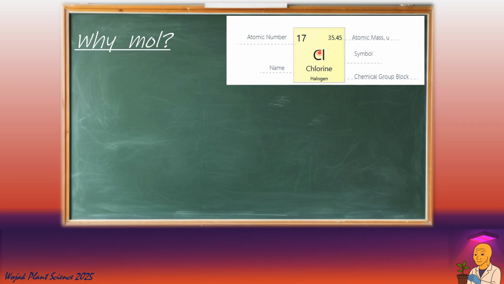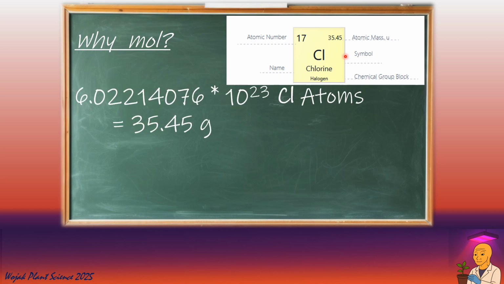We have the symbol, the name, the chemical group, which is also the column in the table, the atomic number, and the atomic mass, which is what we require when we talk about mole. So long story short, 6.022 and so on chlorine atoms have a weight of 35.45 gram.